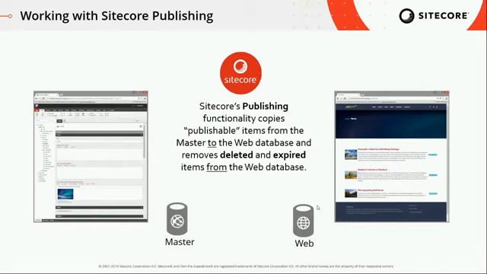And once that promo has ended and reached the expiration date, then the content that is in that placeholder would be either removed or replaced with something else. And so when that publishing action occurs, it is looking at that web database as well to see if there's anything expired, to see if a page has been deleted from the site or content's been deleted, and it will update it and remove it from that web database.